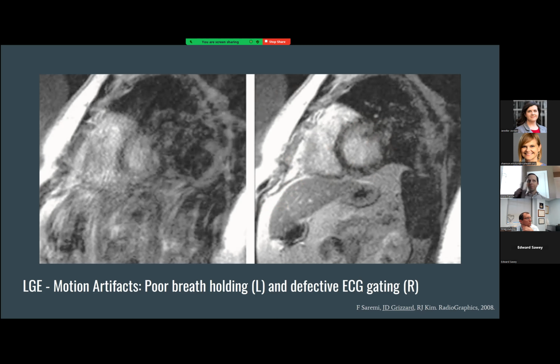And that's going to lead us to knowing that it's an ECG artifact instead of a breath hold artifact. If breath hold artifact is the source of image degradation, you can try to coach the patient through better breath holding, or you can switch to one of our free breathing MoCo type of LGE acquisitions as well. If we want to, we can minimize our field of view in the phase encoding direction for patients who have trouble with their breath holding.